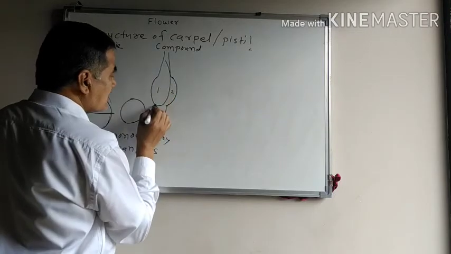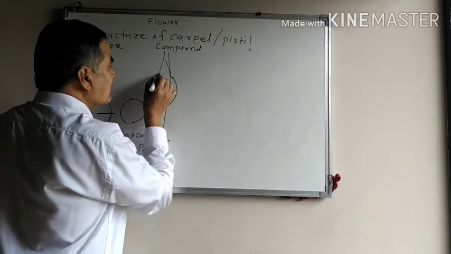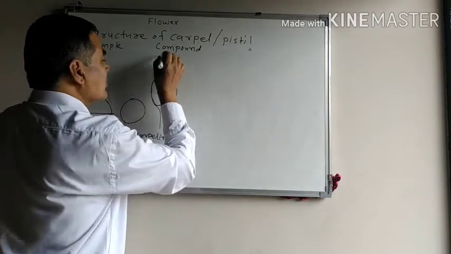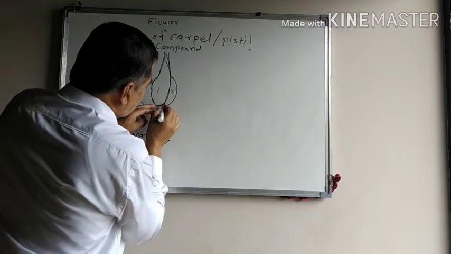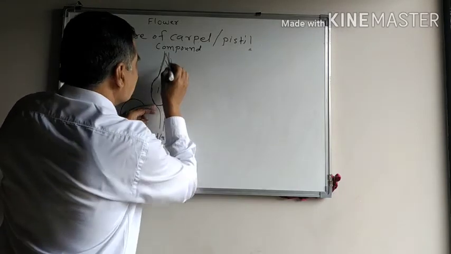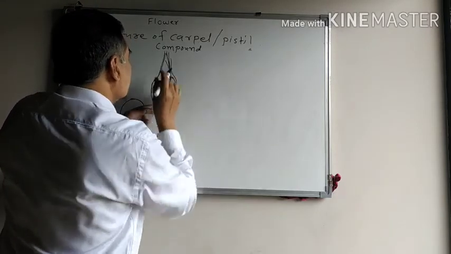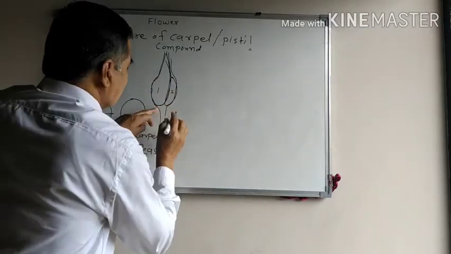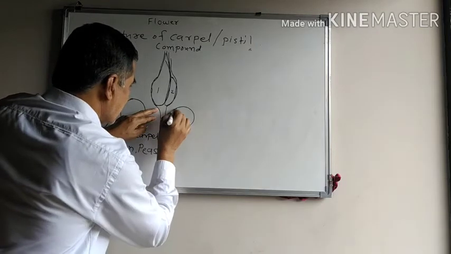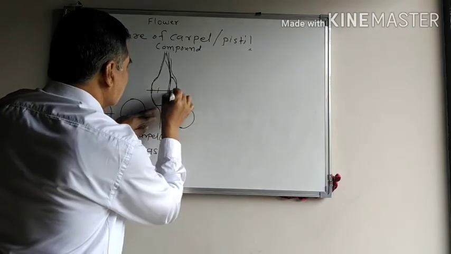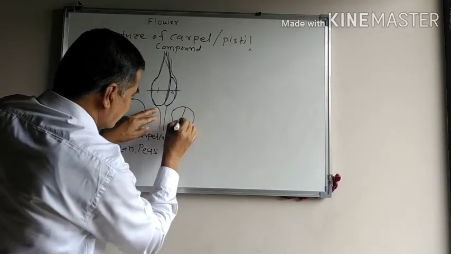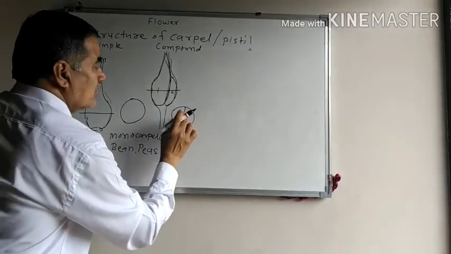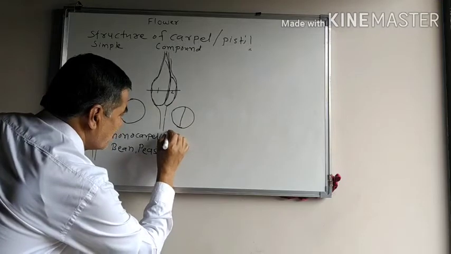This ovary consists of the wall, forming one carpel, and another carpel margin forming the second carpel. If the transverse section is taken, it gives rise to two locules.